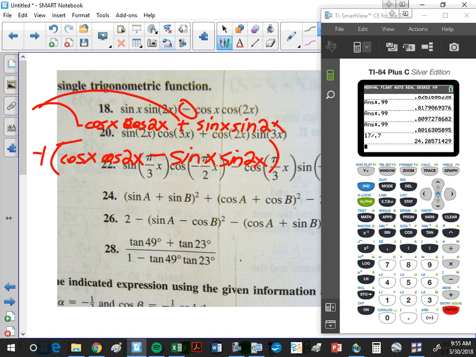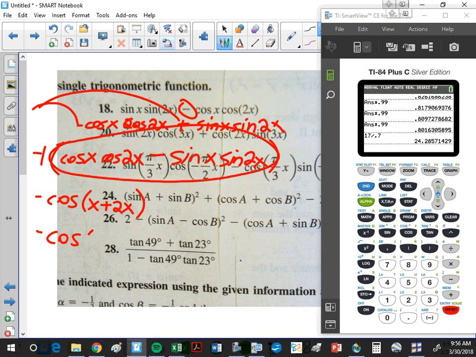So what is this? That is the cosine of x plus 2x, right? So the negative cosine of x plus 2x, does that simplify? It's 3x. So the negative cosine of 3x.